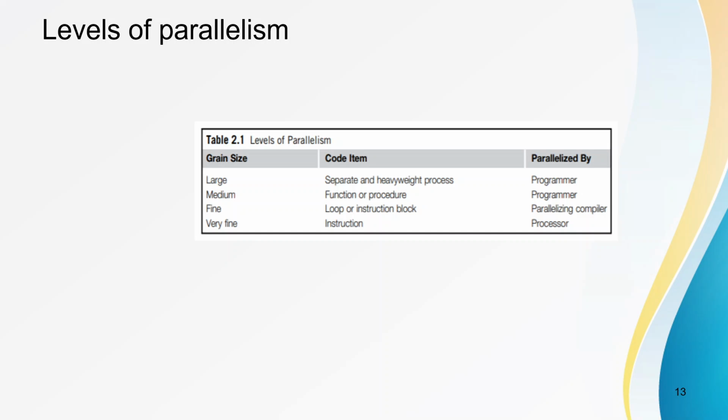Then comes fine. Fine parallelism is done by the compiler, so it can be at loop or instruction level. And the last one is very fine, which is done only at the instruction level, that is the basic level instruction. The instruction itself is parallelized, and that is done by the processor, not by the programmer.